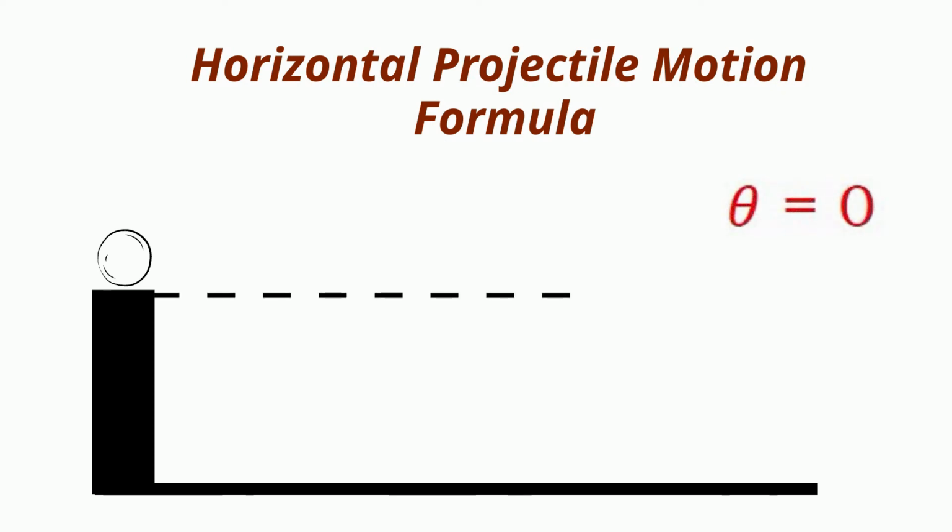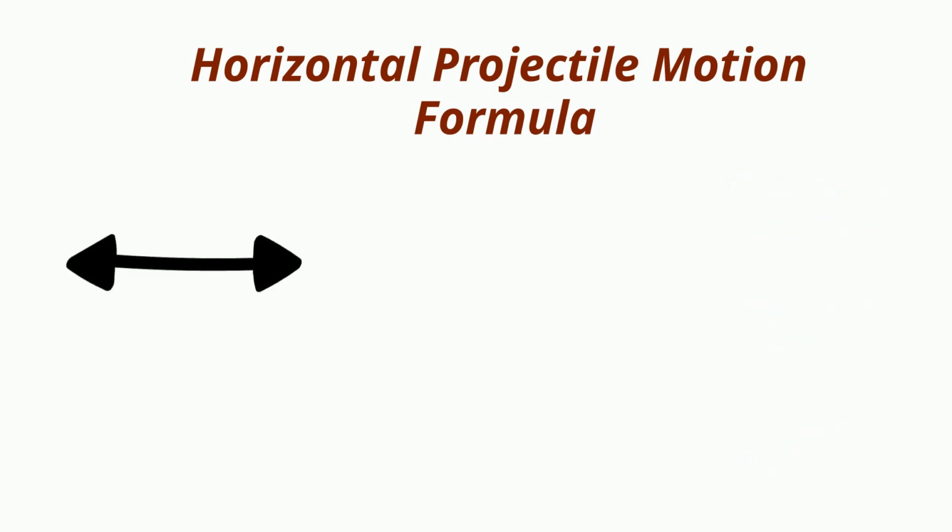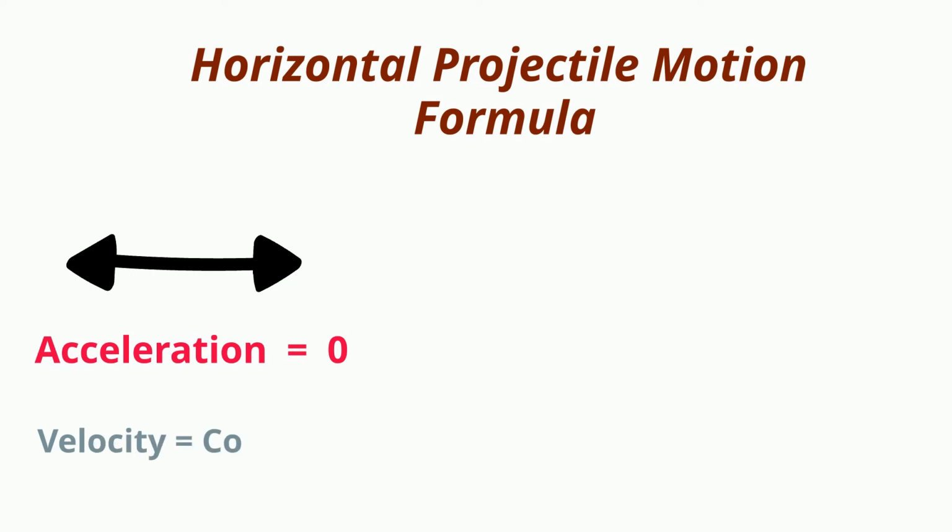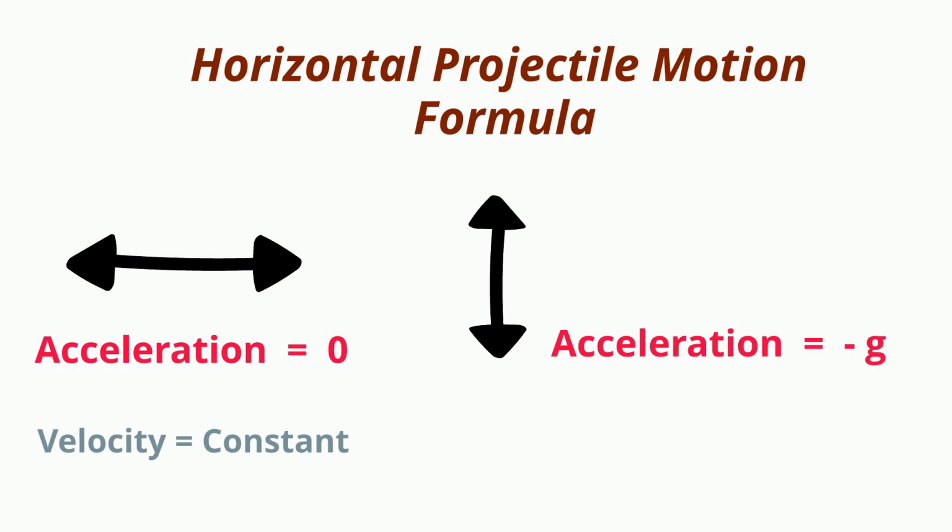As a result, we only have the initial velocity component, that is Vx, which will be equal to v, whereas Vy will be 0. In this case, the horizontal acceleration will be 0 as the horizontal velocity is constant, whereas the vertical acceleration will be the negative of gravitational acceleration.